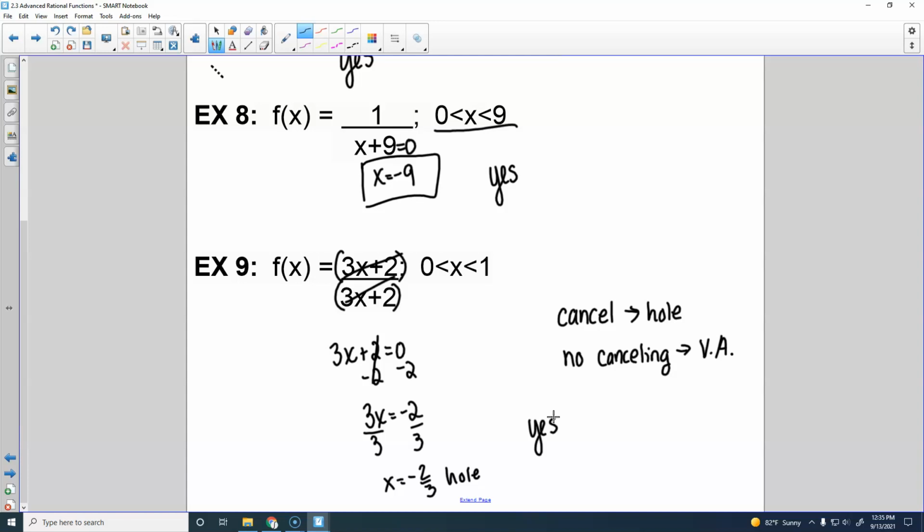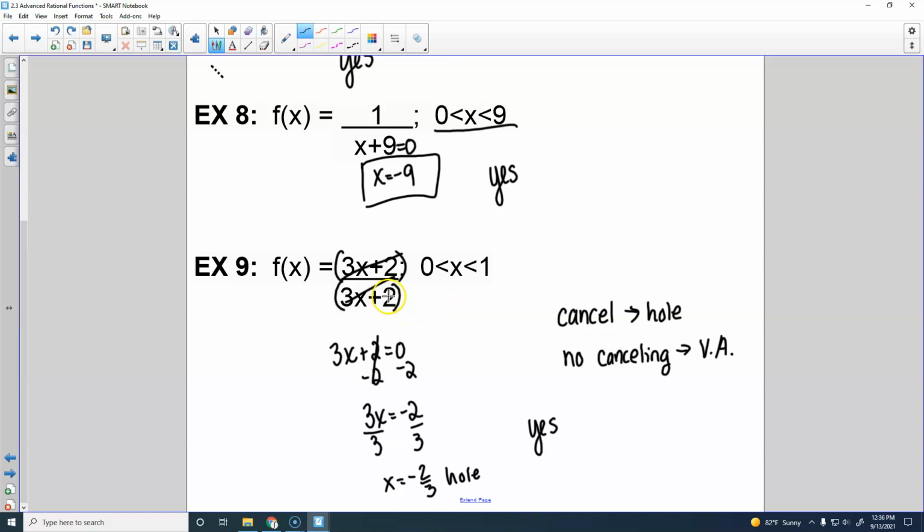Okay, questions? Yes. It is -2/3. Yes. On these, 3x plus 2 will not factor because you don't have a square there.